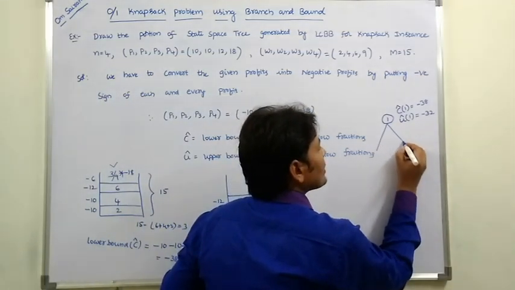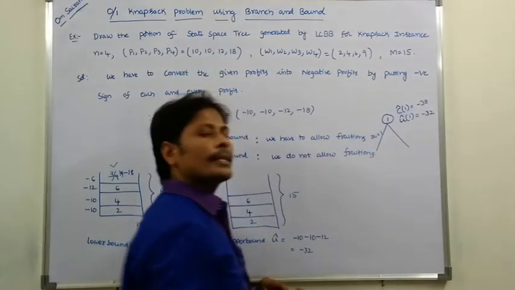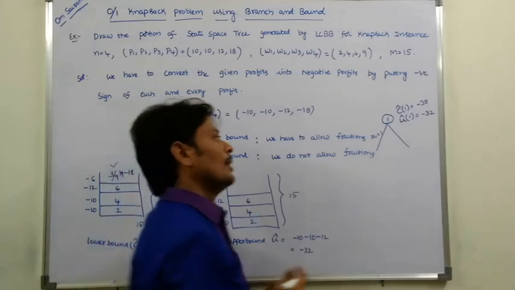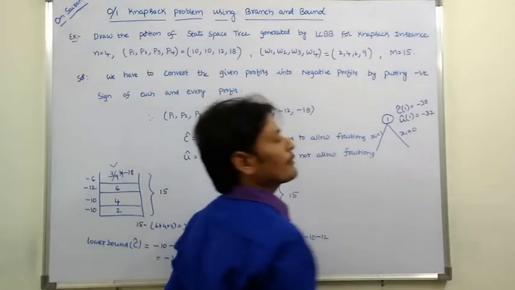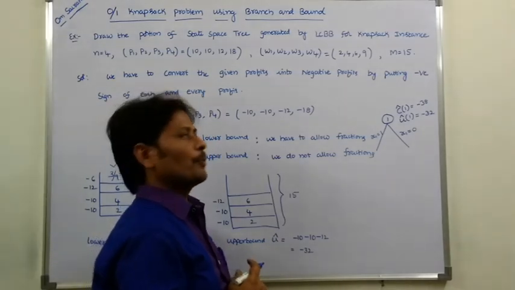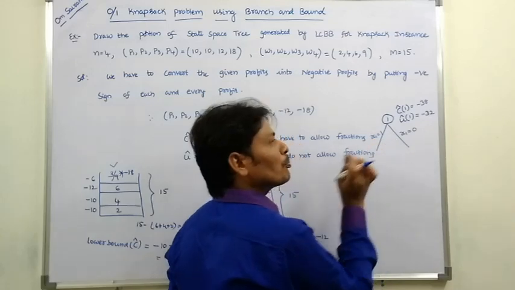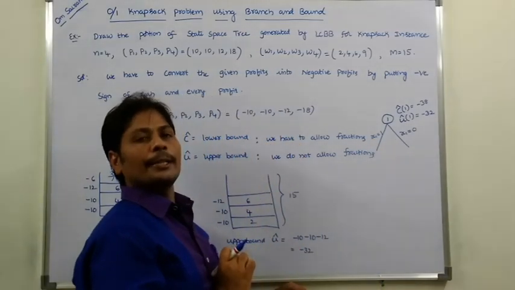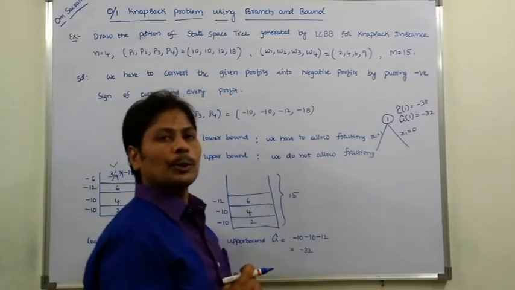we have to place the first object into the knapsack. X1 is equal to 1. We do not place the first object into the knapsack. X1 is equal to 0. Okay. So there are two possibilities. If we place the first object into the knapsack, then it can be denoted as X1 is equal to 1.